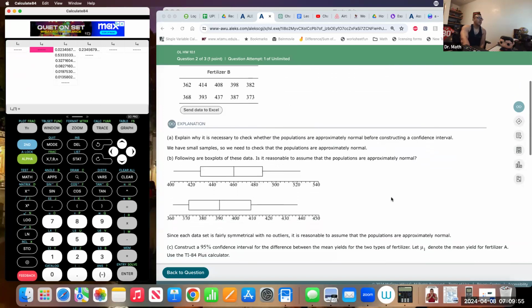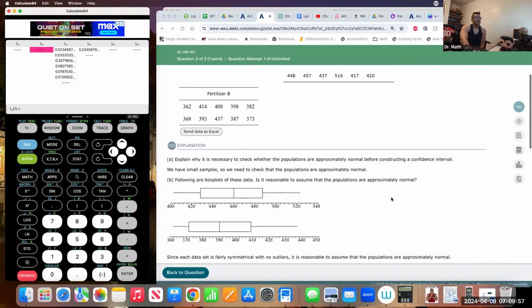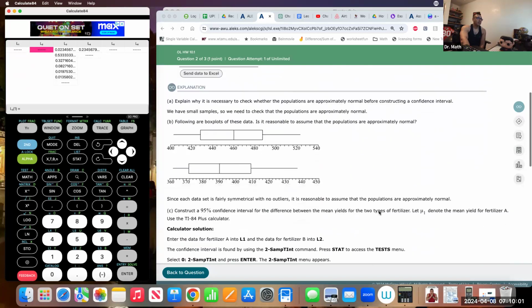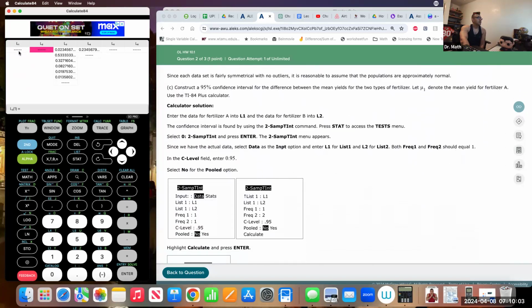And what's nice is now that we have our data points listed in L1 and L2, I can go in. Let me go home. I'm going to go to stat, and over to test. Once again, I'm going to go to a 2-sample T interval because we do not have the population standard deviations.